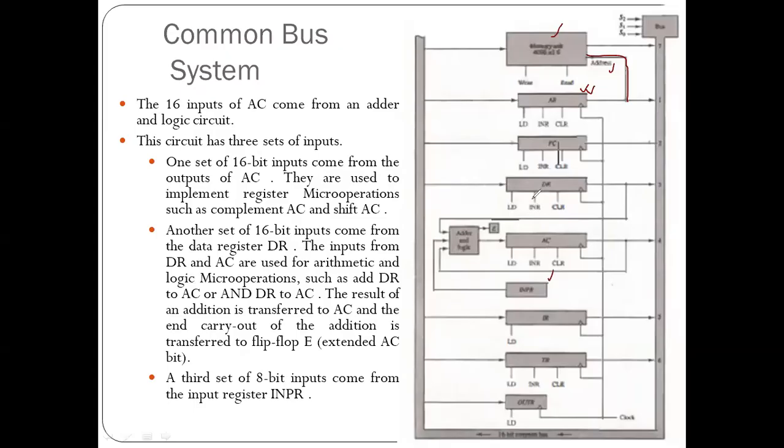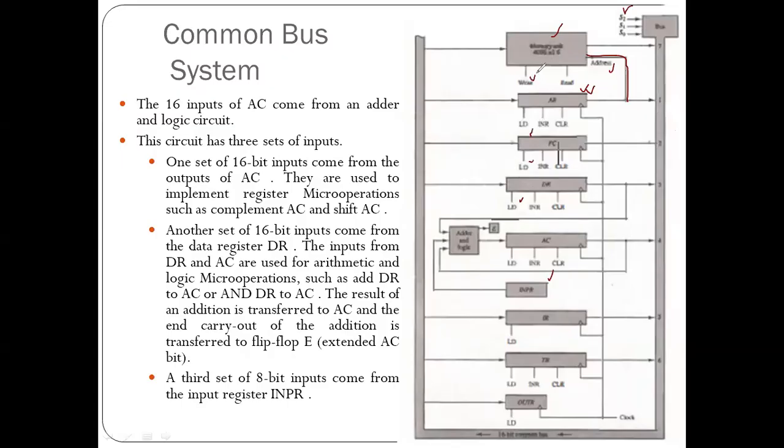And one more thing here, if you observe, out of these 7 registers, which register's data has to be placed onto the common bus is selected by the selection lines, including the memory. And which register has to accept the data available on the common bus is selected by activating its load control signal.